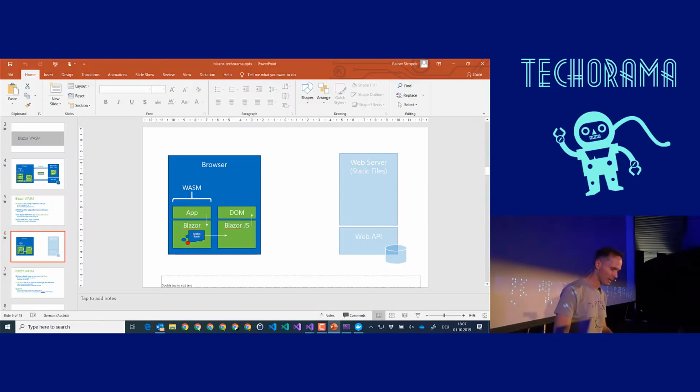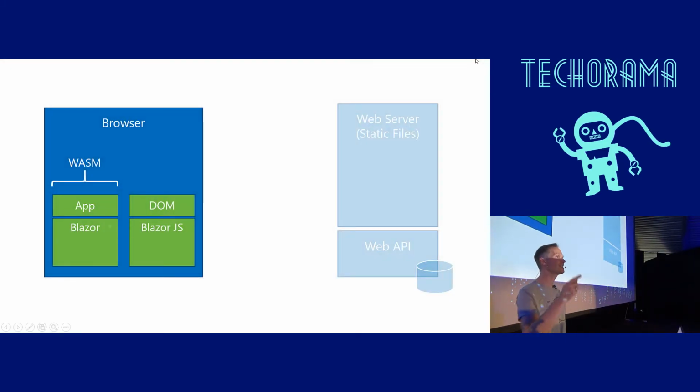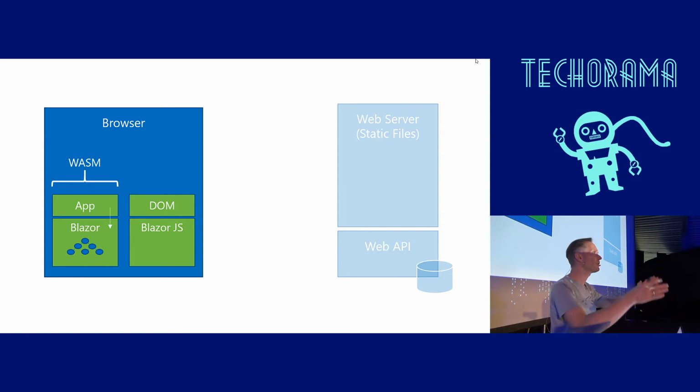So let's go back. The app talks to Blazor, Blazor calls the BuildRenderTree method, and the render tree becomes a hierarchy of binary objects reflecting the structure of your web page. That is what we call a render tree in Blazor.